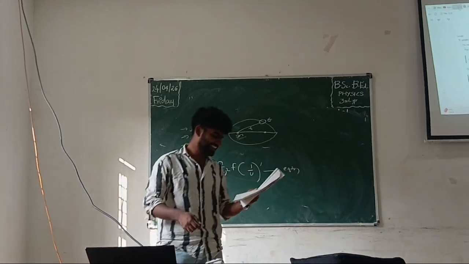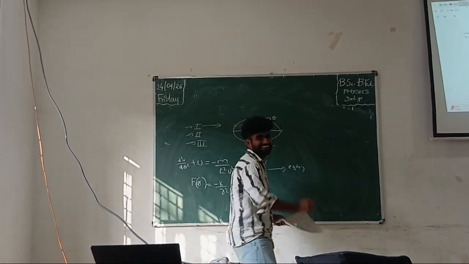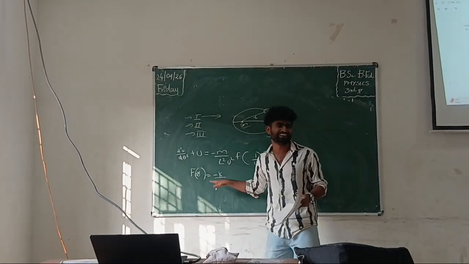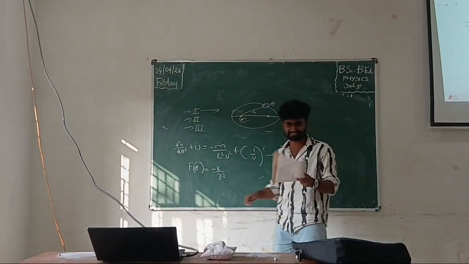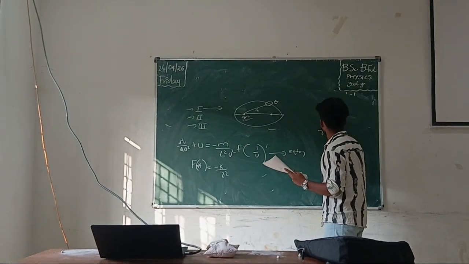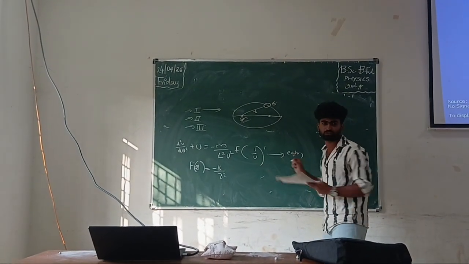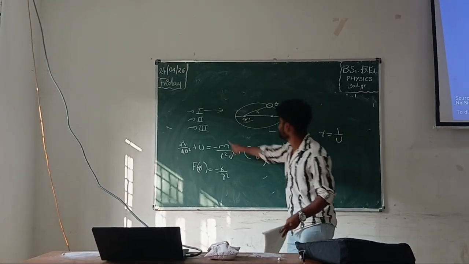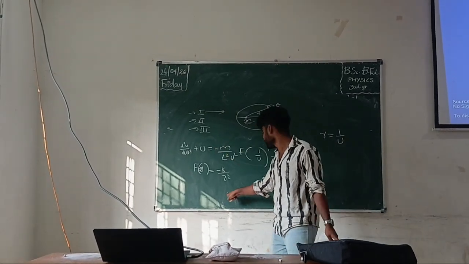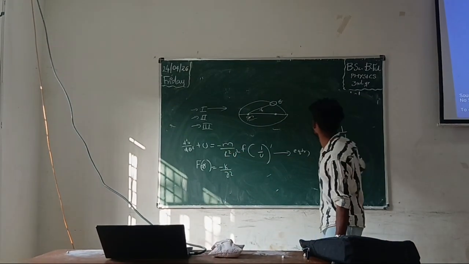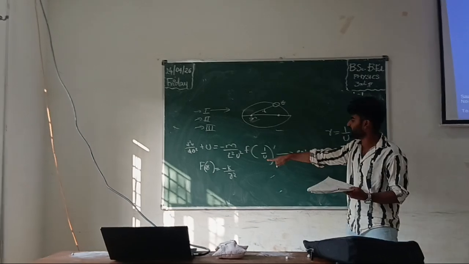So we know that f of r is equal to minus k by r square. We are going to substitute r is equal to 1 by u.